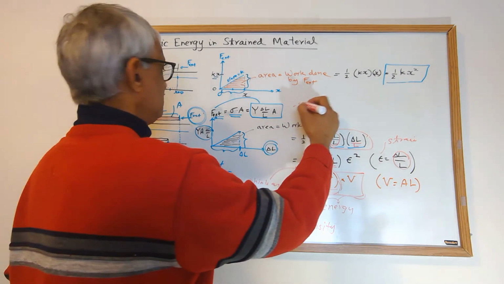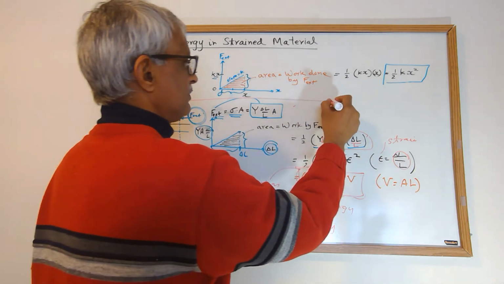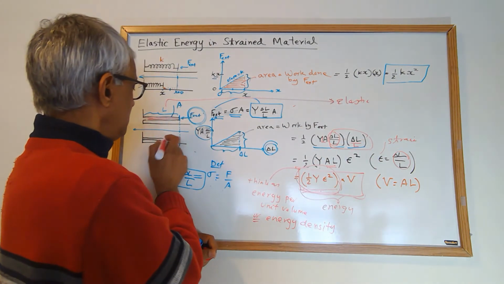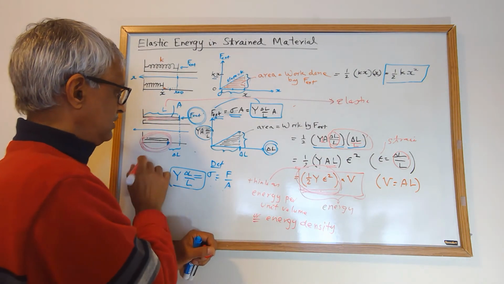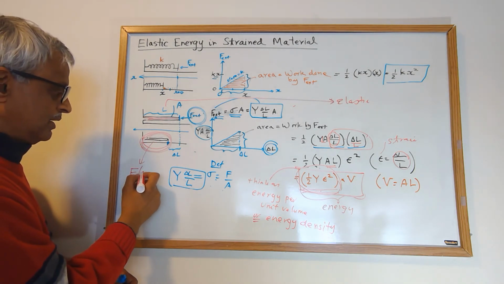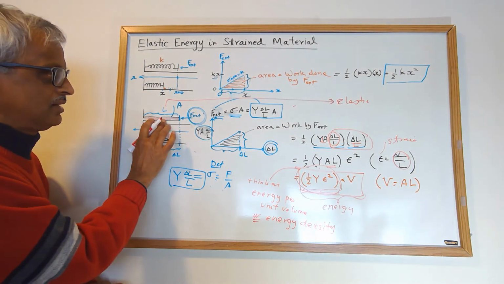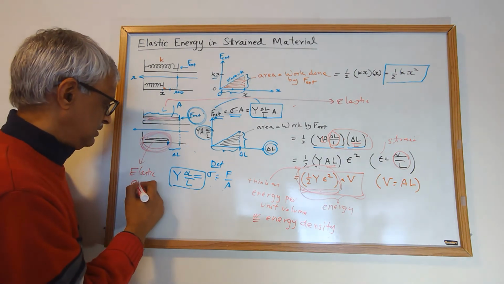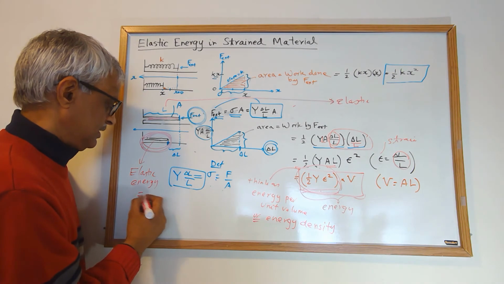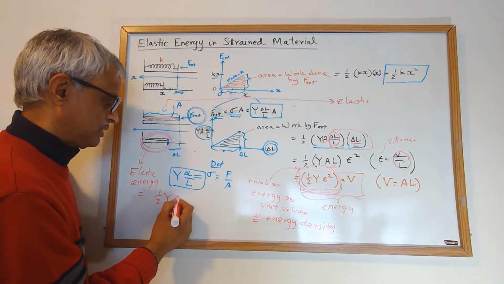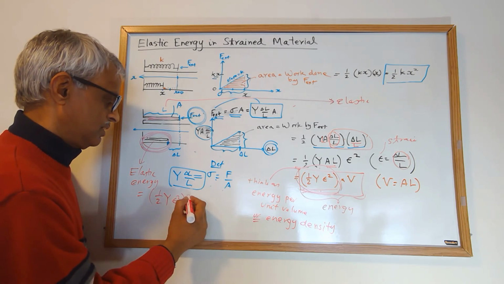So the elastic energy that got stored here is when it's compressed. I should write elastic energy here, elastic energy here, and there's no elastic energy there because it's at the original length. Elastic energy here is half Y epsilon squared times volume.